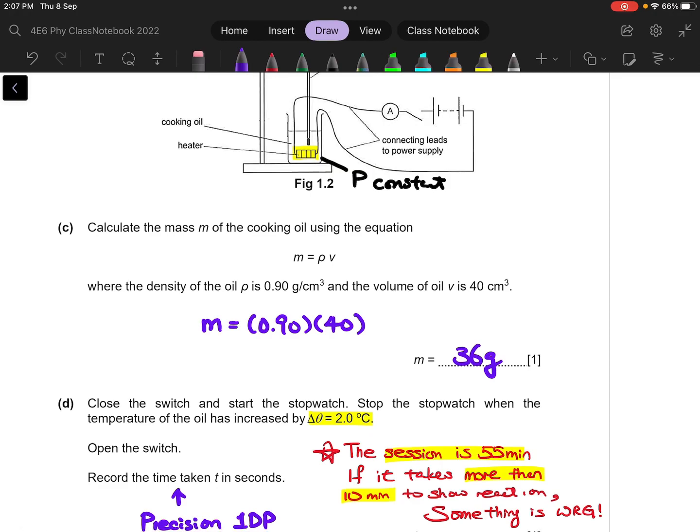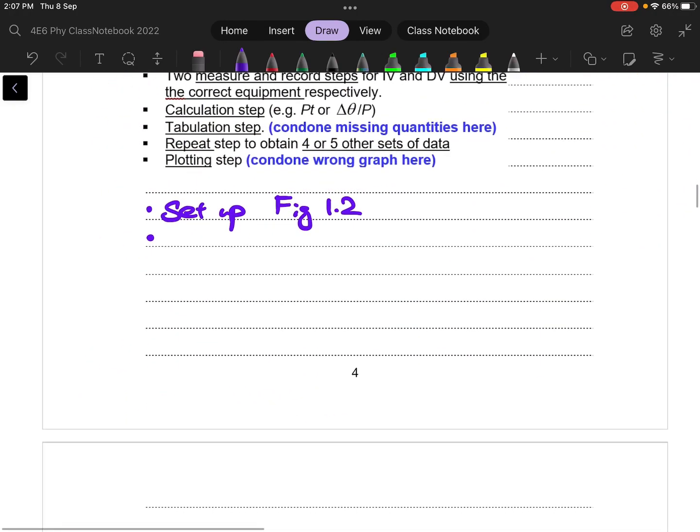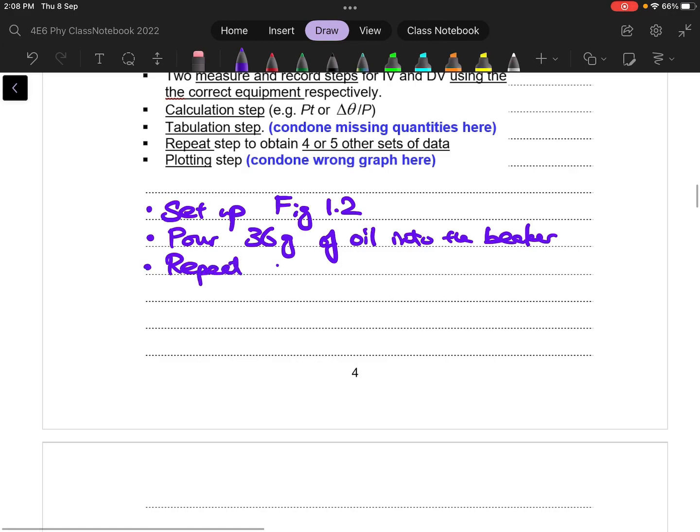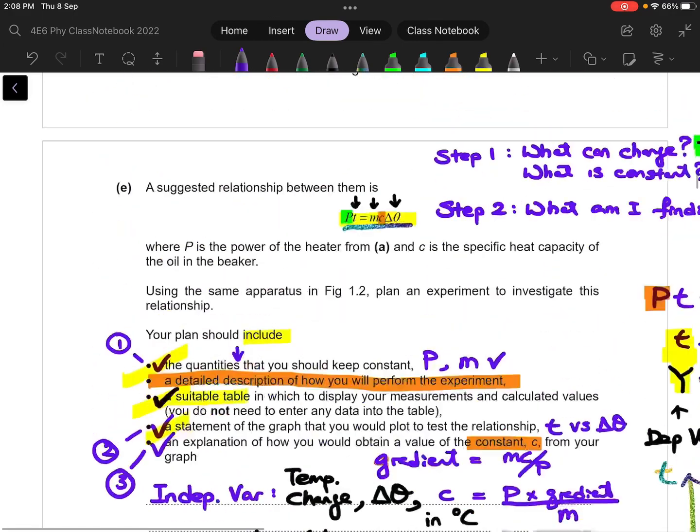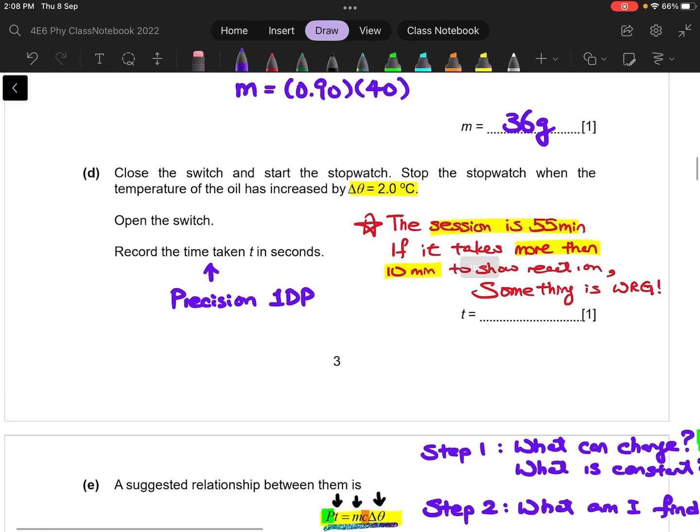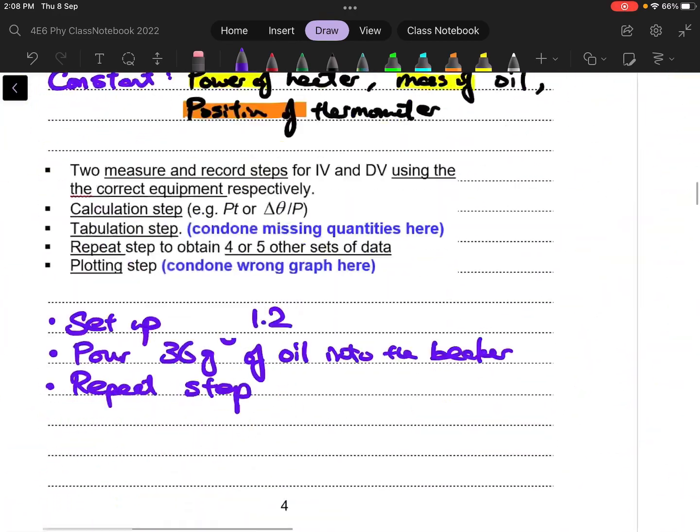Then after that I need to pour oil inside. So I will pour 36 gram of oil inside. So I will just write down here, pour 36 gram of oil into the beaker. Then after that I will repeat a step. What's the step I want, right?